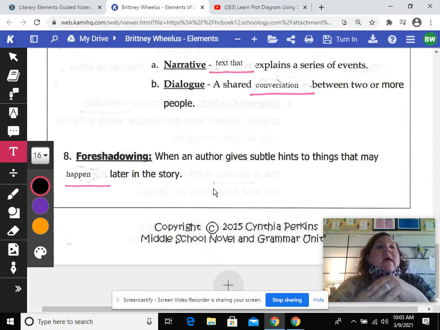All right. And even if it wasn't that they directly told us, they alluded to what would happen to Old Yeller at the end of the story. Okay? So, foreshadowing is when the author gives subtle hints to things that may happen later in the story.